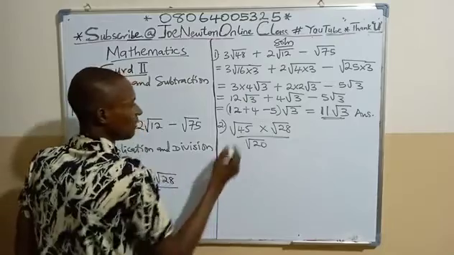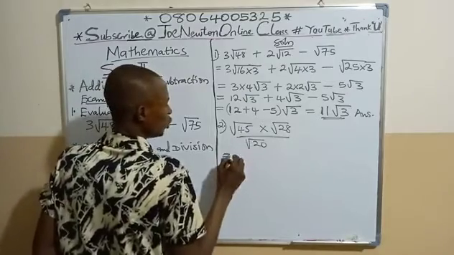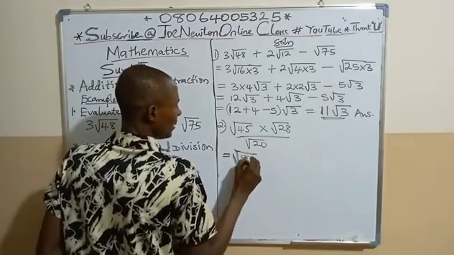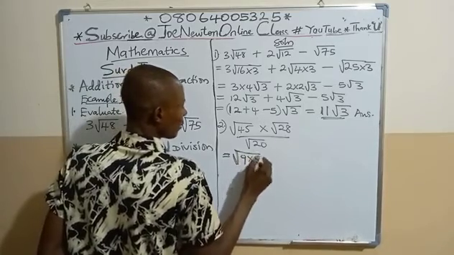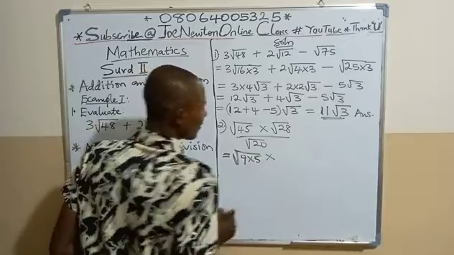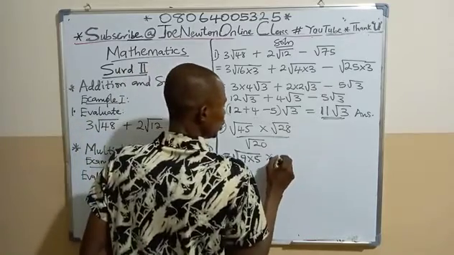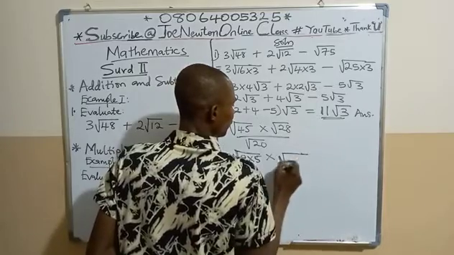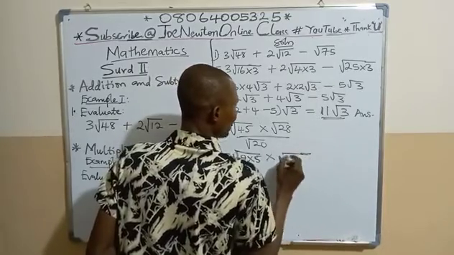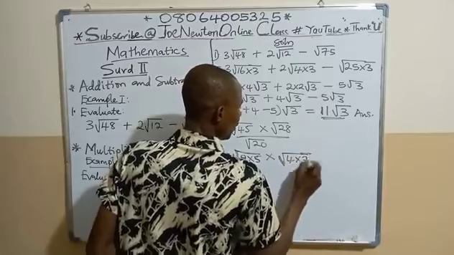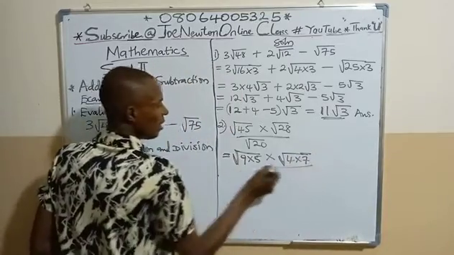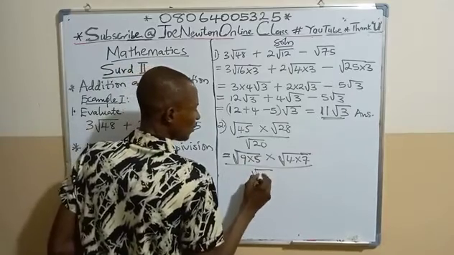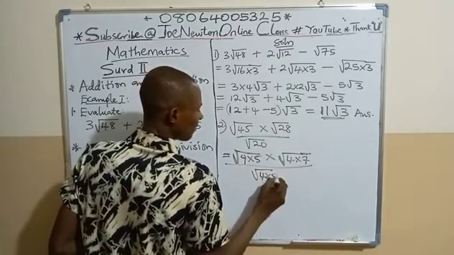Now look at this. Now we have this 45 should be, you agree with me, root of 9 times 5 will give us 45, times here, 28 should be root of 4 times 7, of course, will give us 28, all over 20 is root of 4 times 5.